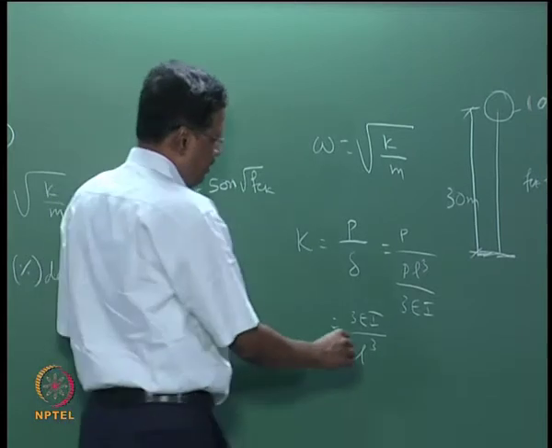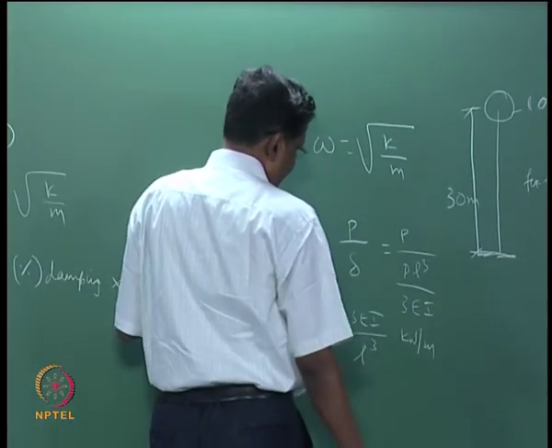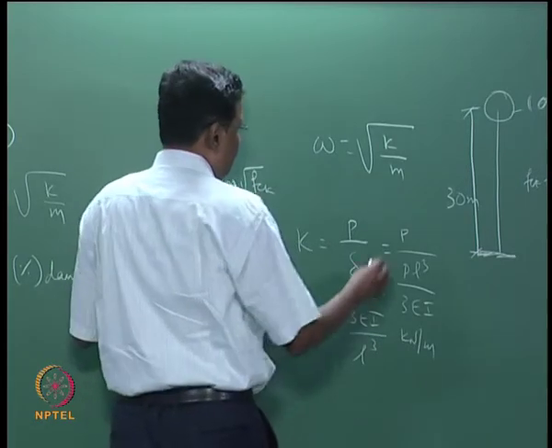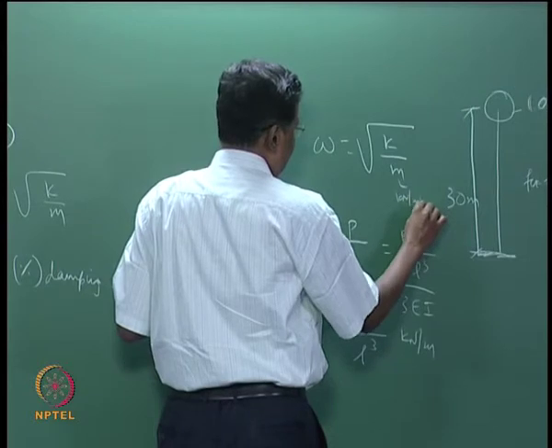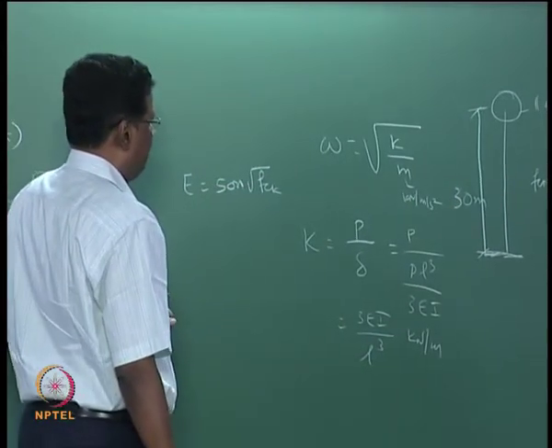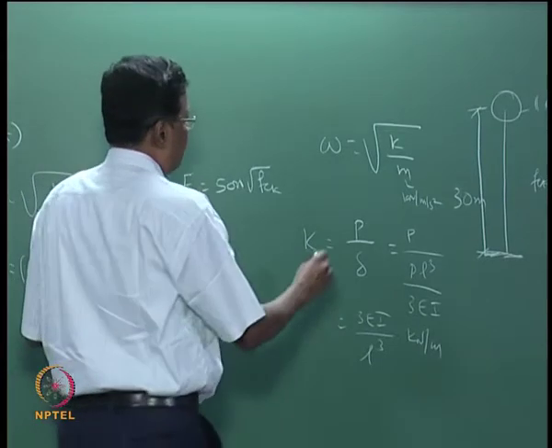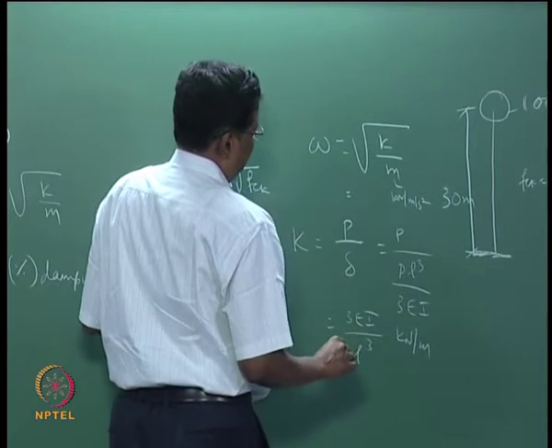What is the unit of this? This will be kilonewton per meter, mass will be kilonewton per meter per second square. So, this will be 1 by second. Something is wrong here or what?